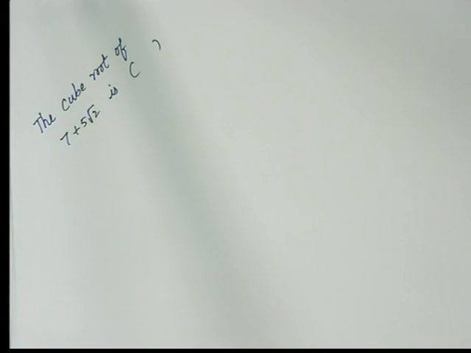How to find out this one? I will discuss this, because we know this is in the form of x plus root y. The cube root of 7 plus 5 root 2 is the cube root of a plus root b, which is equal to x plus root y. But how to find out the x and y values? That means we have to do the cube on both sides, cubing on both sides.